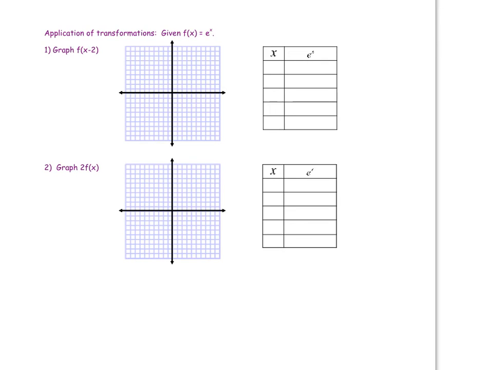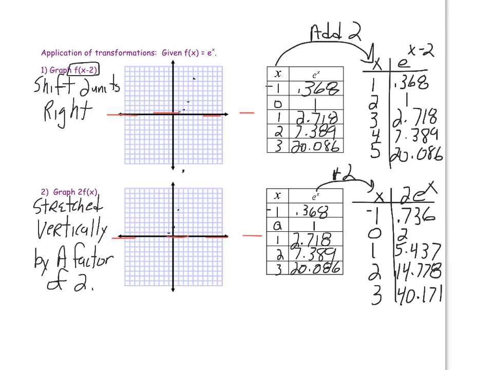What I'd like you to do is pause this lesson and then build a table or copy the table from the previous page onto this page, and you can also copy your graphs if you would like to from the previous page onto this page, and then apply a transformation of f of x minus 2. Apply a transformation of 2 times f of x, and then check your work. So pause this and then come back.